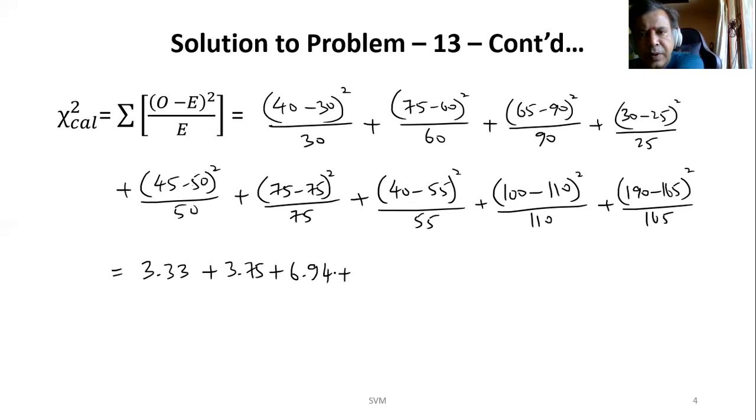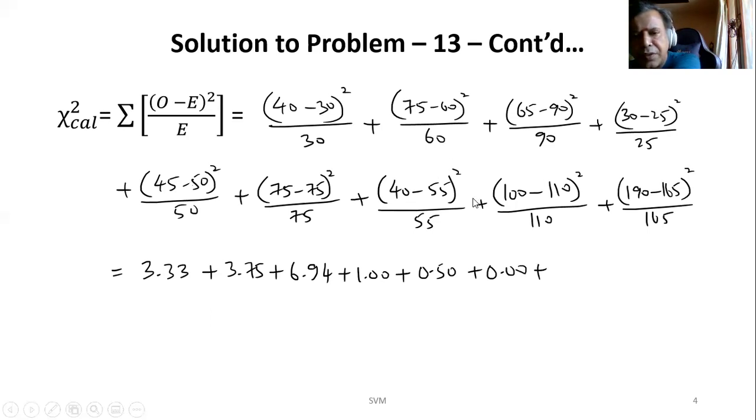Then next is 30 minus 25, which is 5. 5 square is 25. 25 by 25 is 1. Then this is again minus 5. Minus 5 square is 25. 25 by 50 is 0.5. Then the next one is 0. The next one is negative 15.